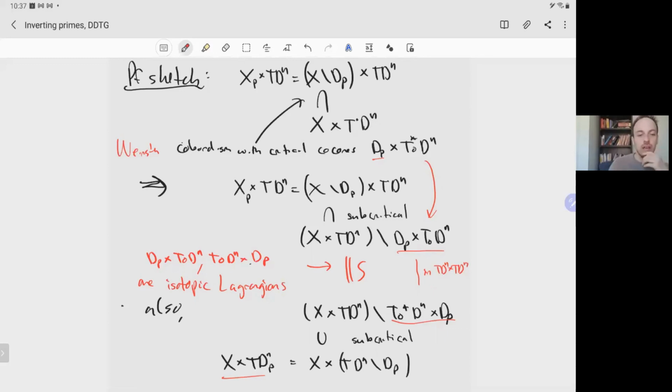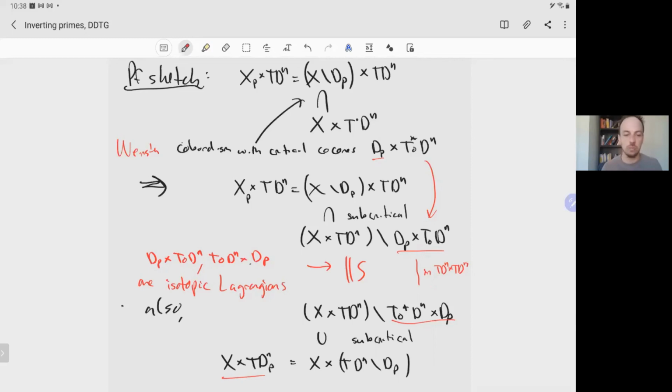Okay, and now the point is that after stabilizing, and if you're in even dimension, then these two Lagrangian disks are actually isotopic in this T*D^n cross T*D^n. You can check that because there's a map that swaps the variables, and you can show that it's isotopic to the identity.